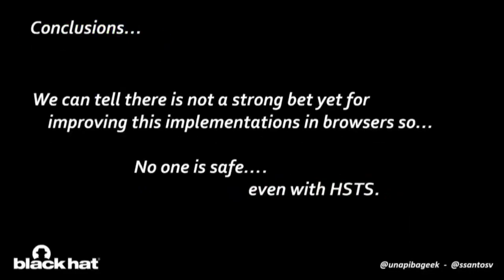So we need a deeper investigation of Internet Explorer just to reverse engineer it. But what we can tell is that there's not a strong bet yet for improving these implementations, because as you can see, Firefox uses a TXT file, Chrome uses a simple JSON file, and as a consequence, no one seems to be safe even when using HSTS.